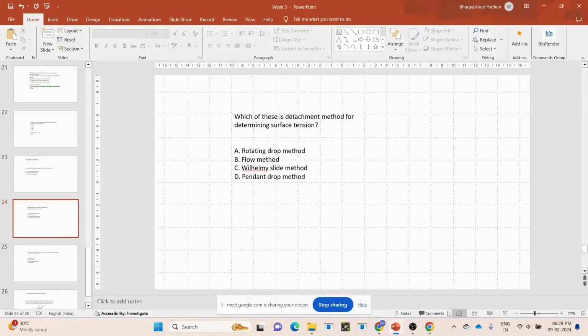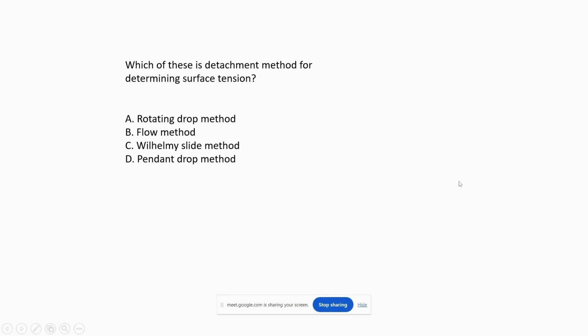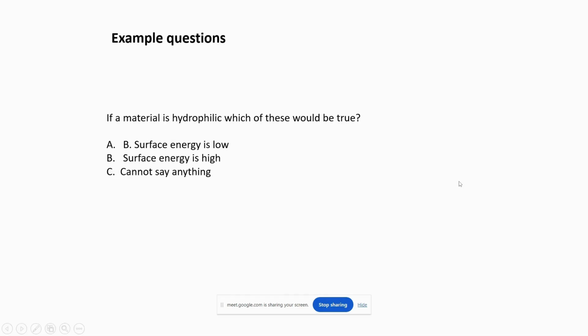Okay. Now these were some of the sample questions I prepared for this week. So this was the first question. If a material is hydrophilic, which of these would be true?